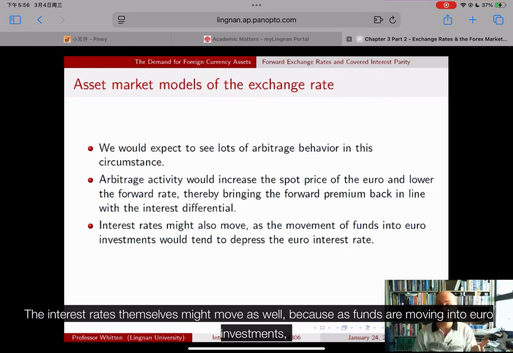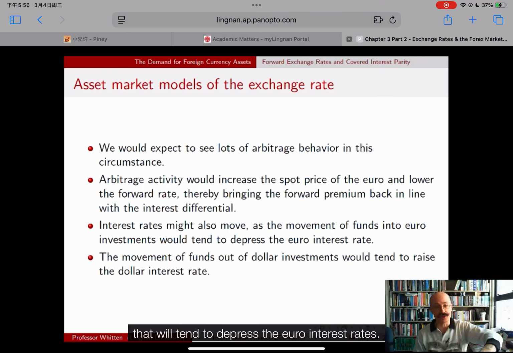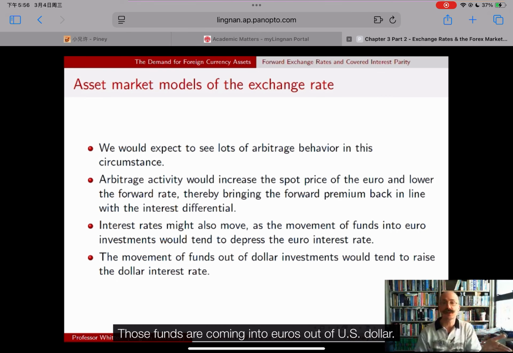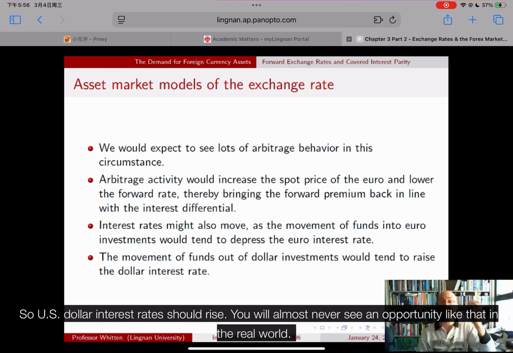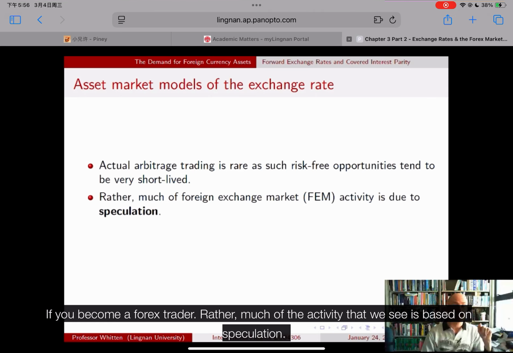The interest rates themselves might move as well, because as funds are moving into euro investments, that will tend to depress the euro interest rates. Those funds are coming into euros out of US dollar, so US dollar interest rates should rise. You will almost never see an opportunity like that in the real world if you become a forex trader.